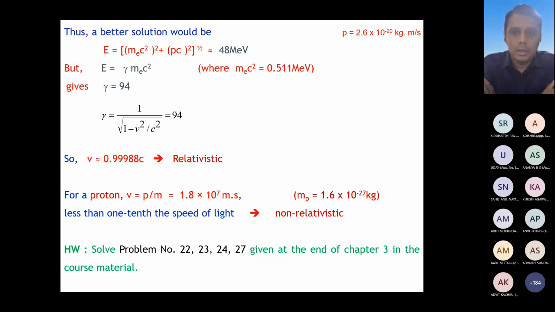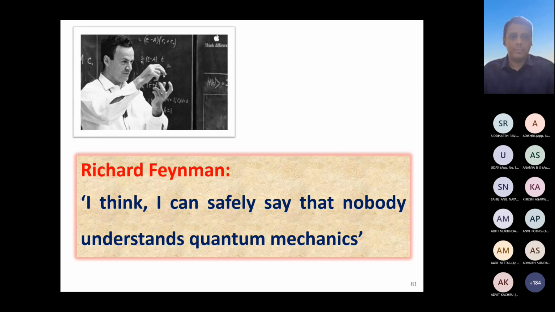So with this chapter, we have come to the end of quantum physics. This will end today's session with a quote: "I think I can safely say that nobody understands quantum mechanics," by Richard Feynman, a well-known physicist to you all.